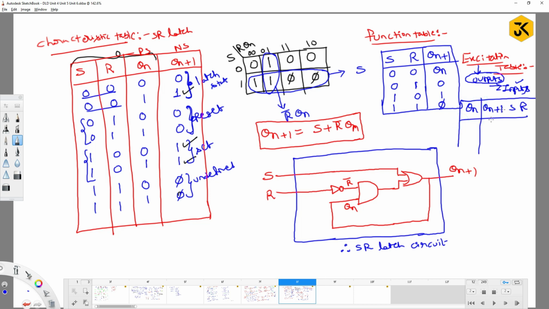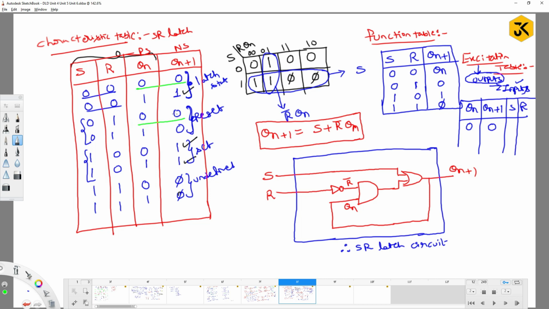Now try to observe. If you give the present state as 0 and next state as 0, what might its inputs be? Is there another combination? Present state is 0, next state is 0.